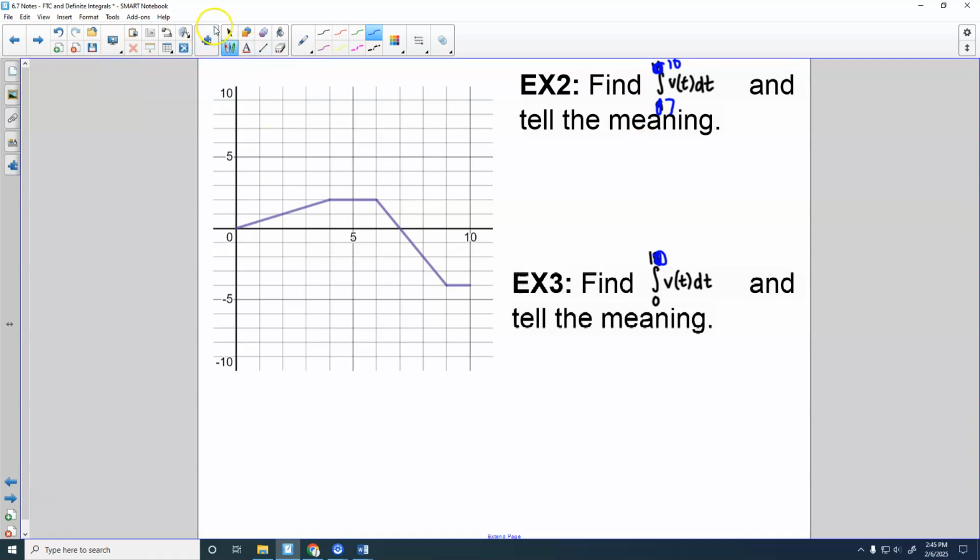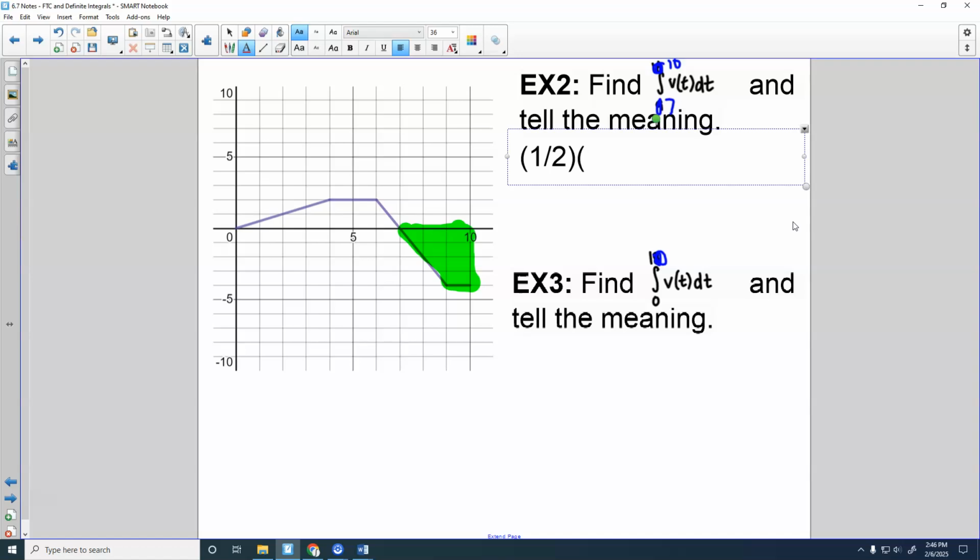Okay, so when we're looking from 7 to 10, we will be looking at this area right here between the curve and the x-axis. And what shape do we have there? Another trapezoid. So we got 1/2.